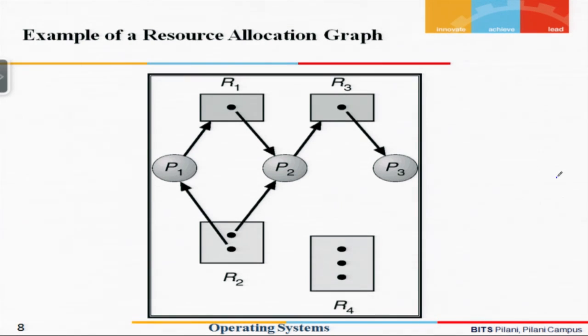So from any given resource allocation graph of this kind, there is certain information which we can immediately observe. Just by looking at a graph, we shall be able to say that when the snapshot of the system was taken, the system had 3 processes, P1, P2, P3, and 4 resources, R1, R2, R3, R4.